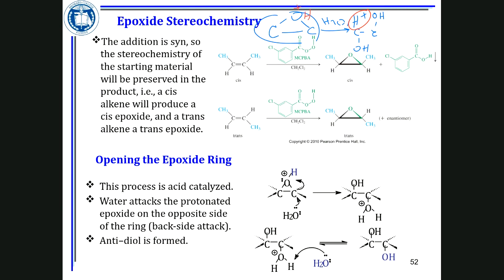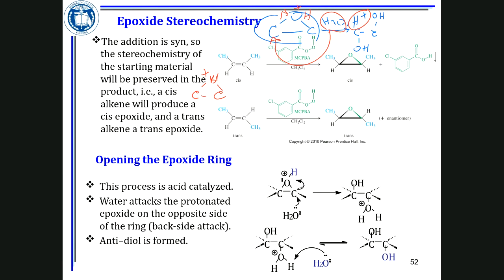This changes to a very similar intermediate to when you had the Br with the plus charge. Next step, water is going to come in. It cannot come from the same side because you have the restricted triangle. It is going to come from the opposite side, form a bond with one of these carbons, and the ring is going to open.